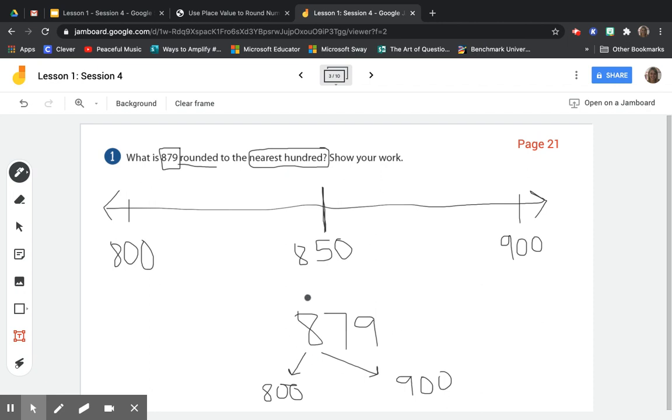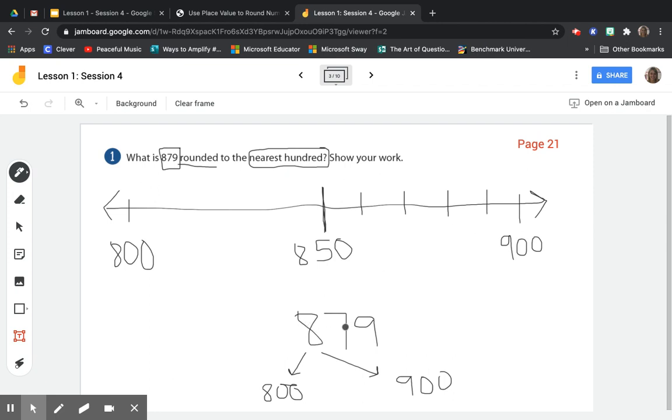Now, I'm looking at my number 879. So does that number come before 850 or after 850? I want you to label where you think it goes. Now, if I'm looking at my number line between 850 and 900, I know I'm going to have 860, 870, 880, 890, and 900.